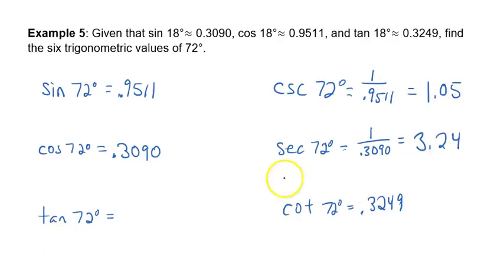And then finally, tangent is 1 over the cotangent, so I can use the reciprocal relationship here. So 1 over 0.3249, and I get 3.077, or 3.08 would be fine.